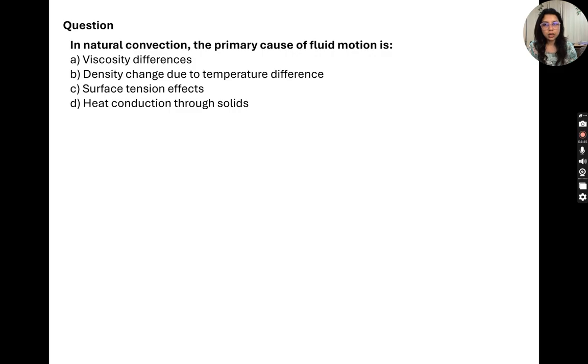They are asking about natural convection: what is the primary cause of fluid motion, why does the fluid flow? I'm getting answers. We just read about what convection is and how the fluid flows, so I don't think it is a difficult question. It's an easy one.